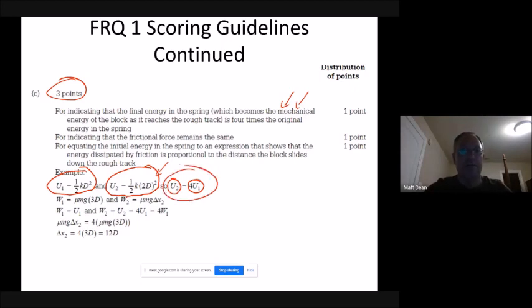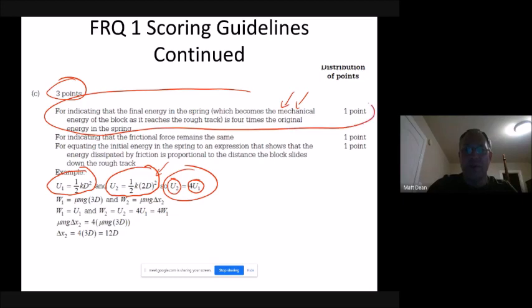That's all we're saying here. And that's what they're saying in this part of the rubric for indicating that the final energy in the spring is 4 times the original energy in the spring. And they don't word that very well here. We probably ought to say when it's compressed twice as far, it has 4 times as much potential energy.